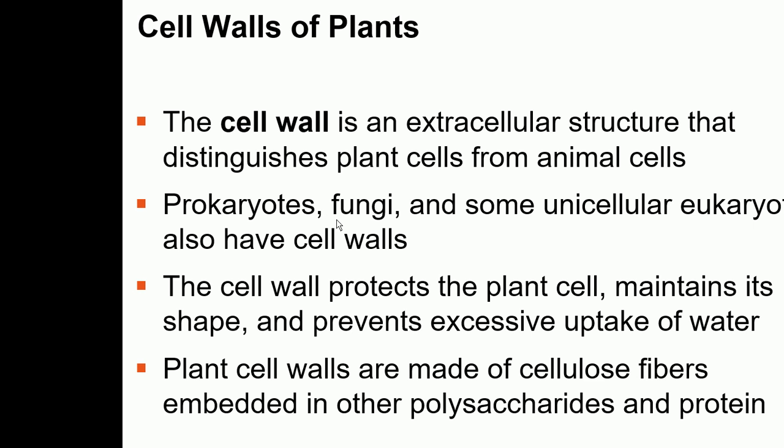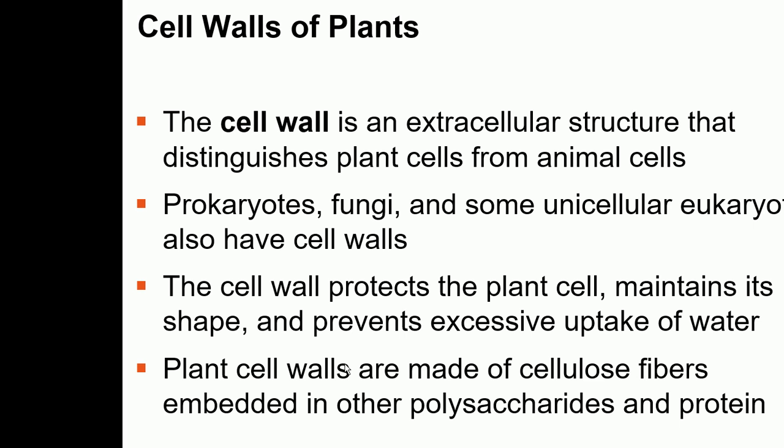The cell wall protects the plant cell, maintains its shape, and prevents excessive uptake of water. In different organisms, cell walls are made of different chemicals. In bacteria, it's made of peptidoglycan, in fungi it's made of chitin, and in plants it's made of cellulose.